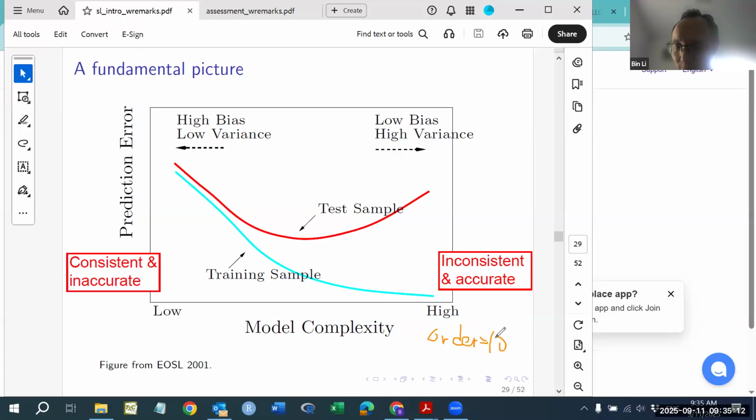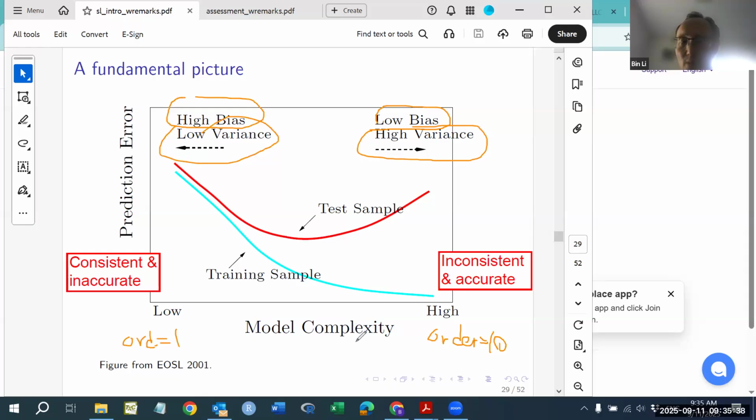So we have a low bias, but the variance is high. On the other hand, when the model complexity is low, like order equal to 1, the linear model is very simple, so the bias is high, but the variance is low.